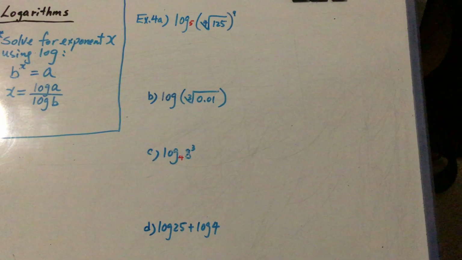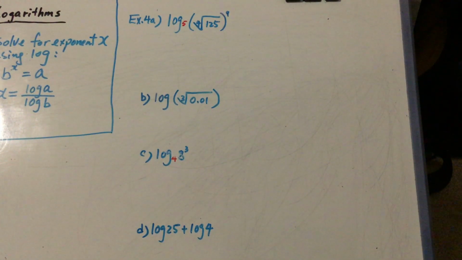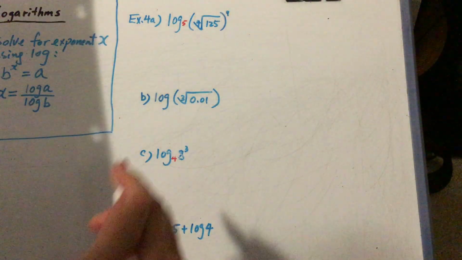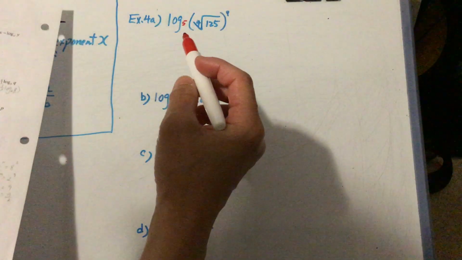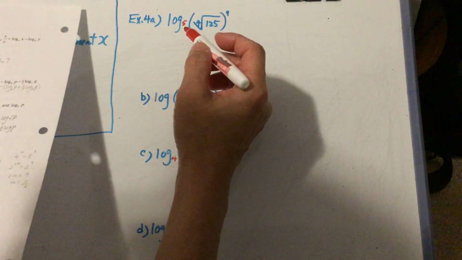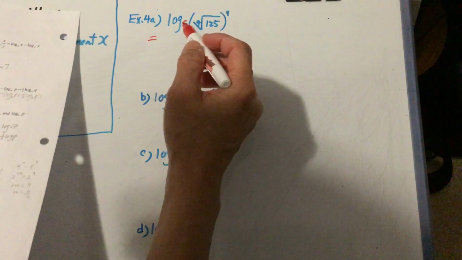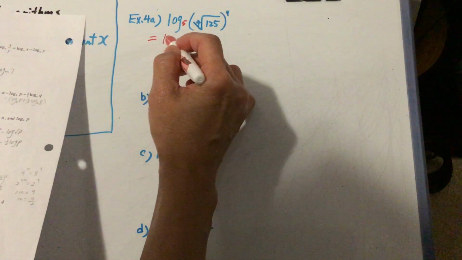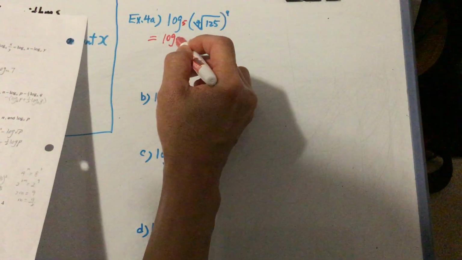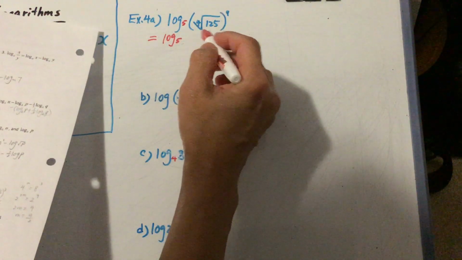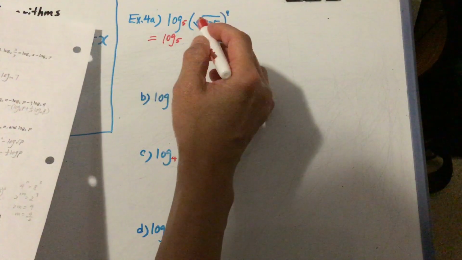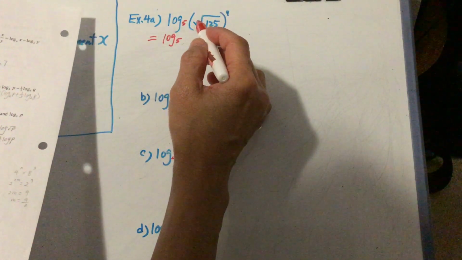Now, let's look at example number 4, 4a. You have to evaluate. So with this question, we need to evaluate it. Okay, so let's bring everything down first. So first of all, you have a log with the base 5. Get rid of the radical, the 4th root.